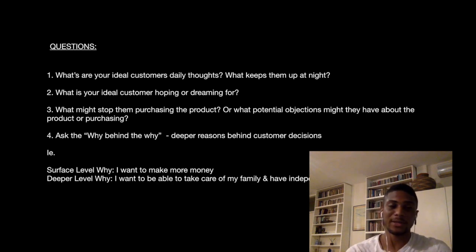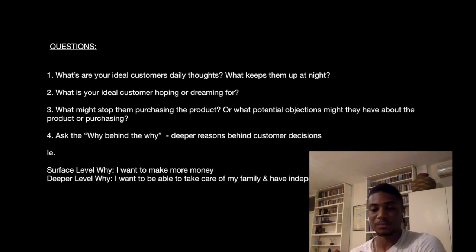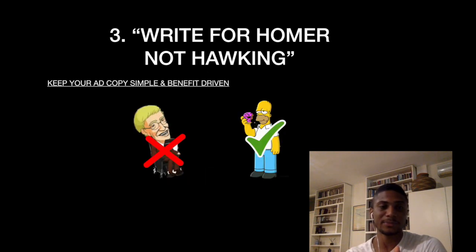The deeper why is probably that you want to feel a certain status by having an iPhone. You want to have the ease of being more structured because of certain apps that an iPhone has, for example. Do the research to find the deeper level why and use that deeper level why in your ads to increase the success of your ads.